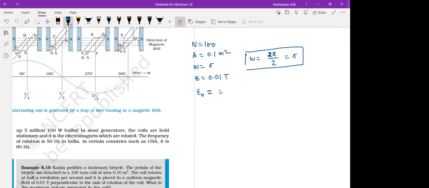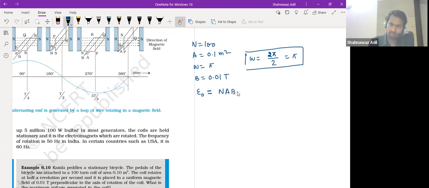It's NABω. So please calculate and tell me what value you are getting.